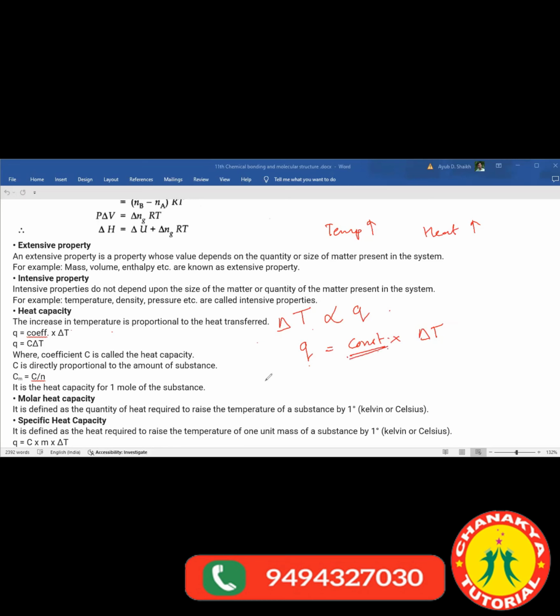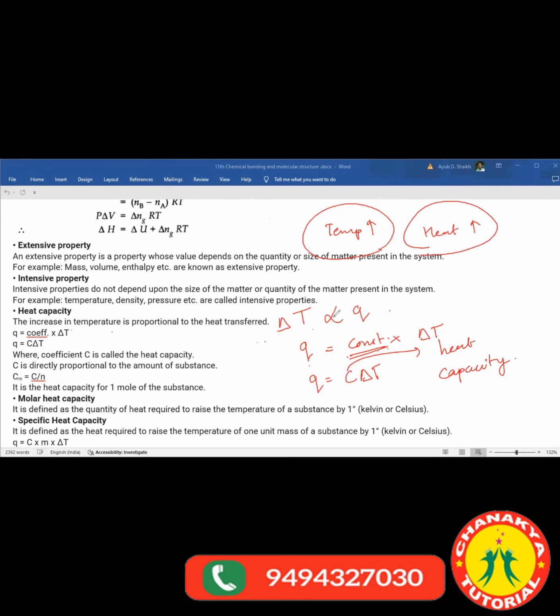This constant term is nothing but the coefficient, and that is denoted by C. So Q is equal to C delta T, and this C is called the heat capacity. What has been said? When temperature increases, heat also increases.